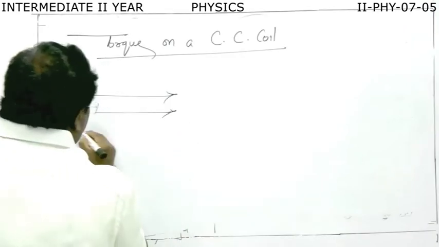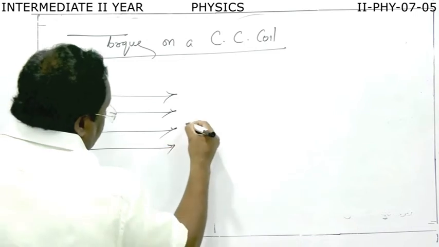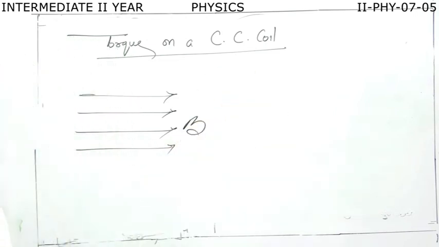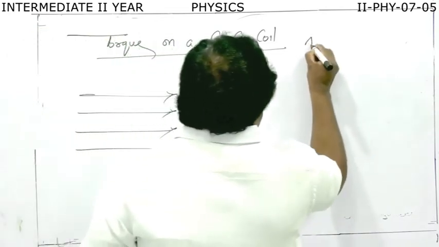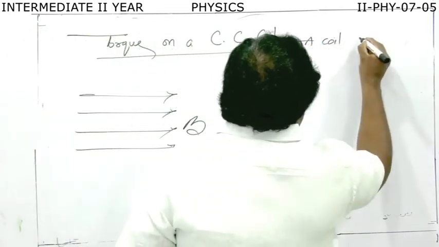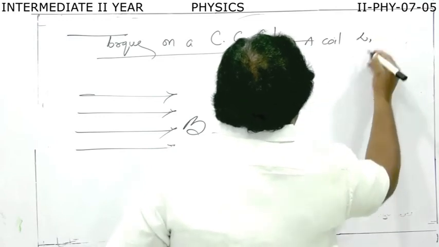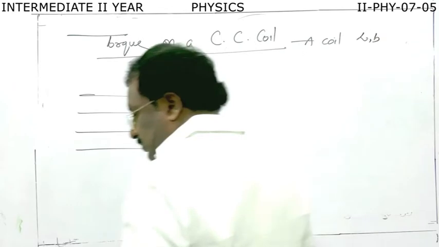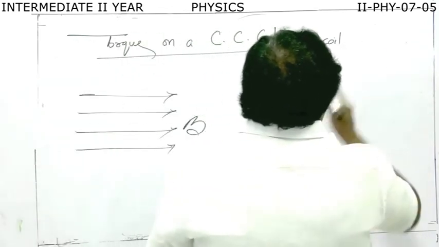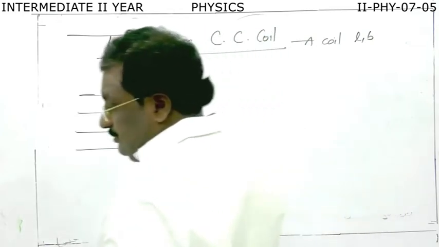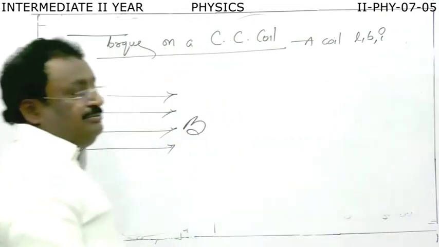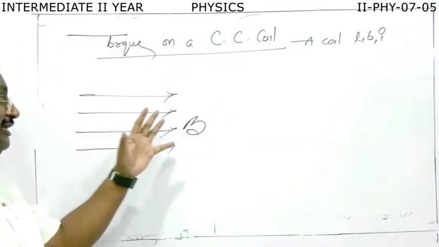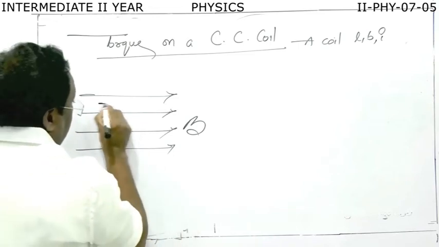This is the direction of magnetic field. In this magnetic field, let us consider a coil. Length of the coil L, breadth of the coil B. The current in the coil is I. Now the coil is placed in this uniform magnetic field like this.